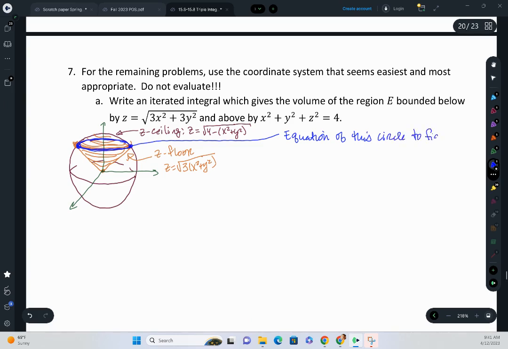To figure out x and y values, to find the equation of that circle, I'm simply going to take the cone and substitute it into the sphere.